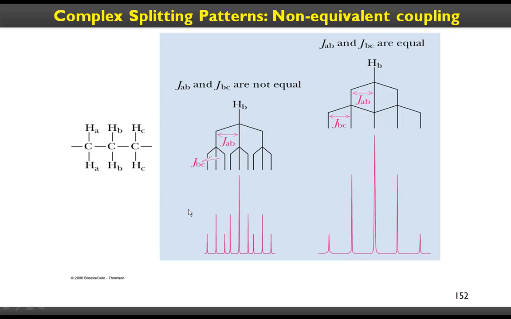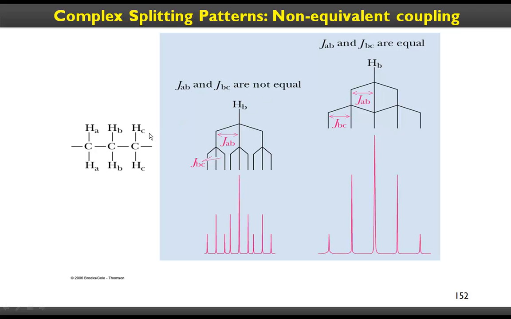Okay, anyhow, here is the case where let's say we have 3 types of hydrogens, A, B and C. The extent of coupling that A has with B is not the same as the extent of B coupling to C or C coupling to B. So JAB is not equal to JBC. That's the situation we have here.